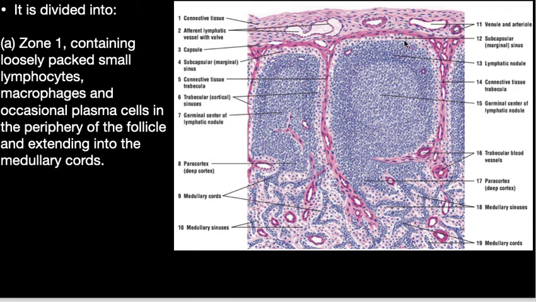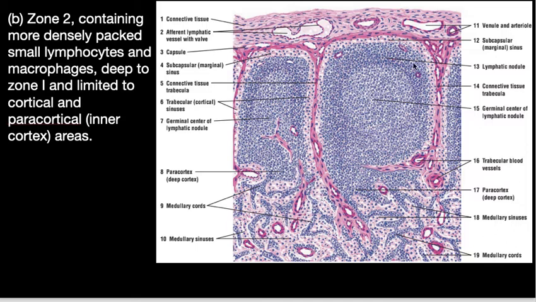Now it is divided into zones. Zone 1 containing the loosely packed lymphocytes, macrophage, and occasionally plasma cells in the periphery of the follicle, right over here, extending into the medullary cords, that are the extensions of these nodes inside the medulla.